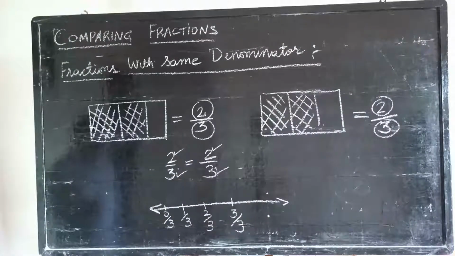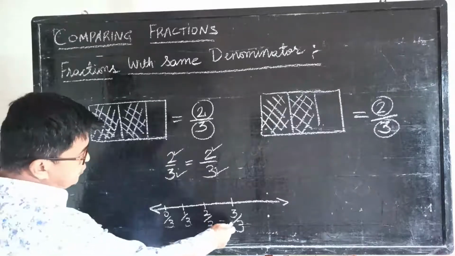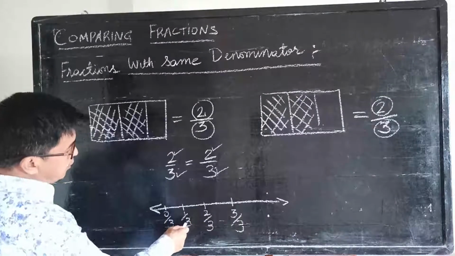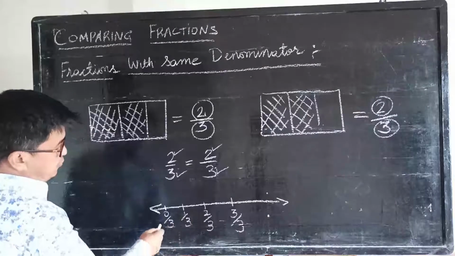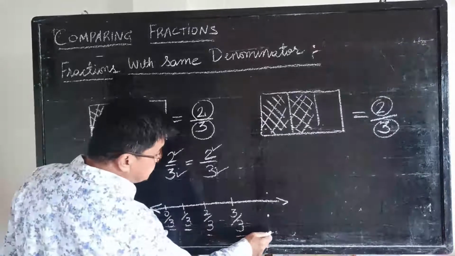So we can show this also. Now 3 upon 3 is more than 2 upon 3, 2 upon 3 is more than 1 upon 3, 1 upon 3 is more than 0 upon 3 when the denominators are same.